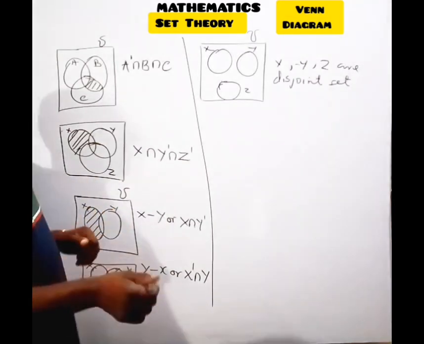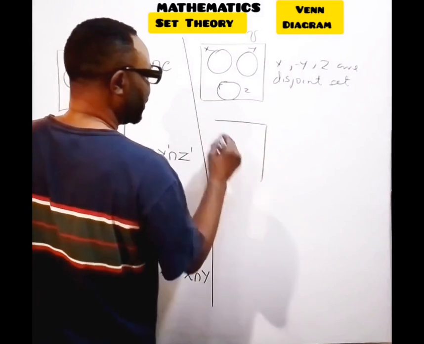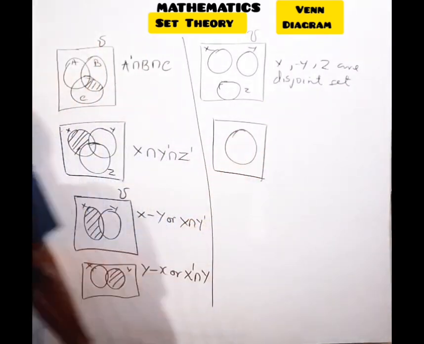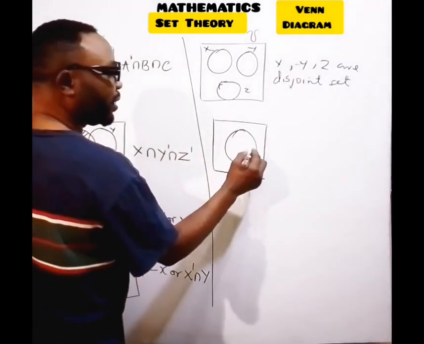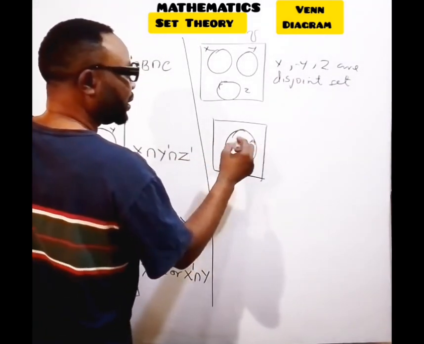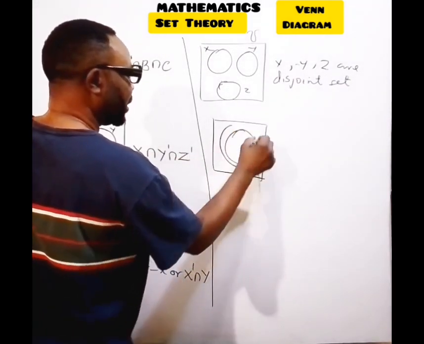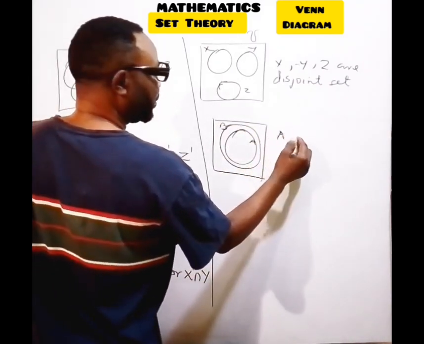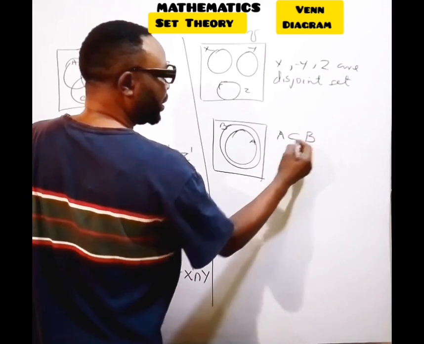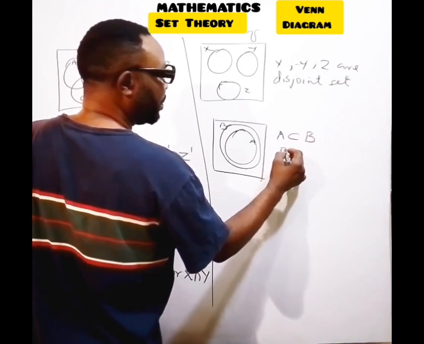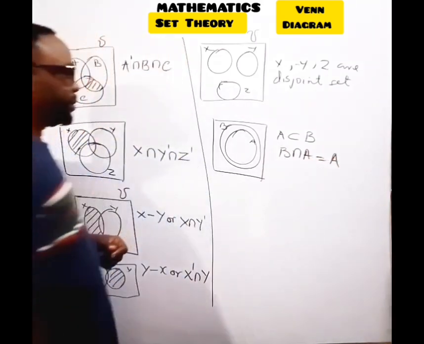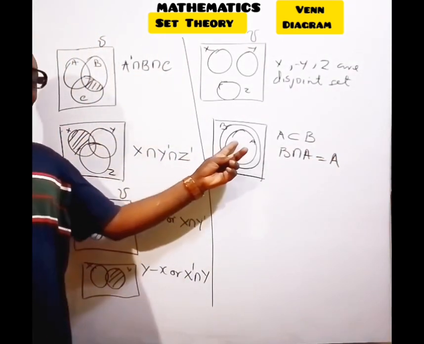If you have this, this is A, and it is inside here. This is B. A is a subset of B, or B intersection A will be equal to A. You understand what this means?